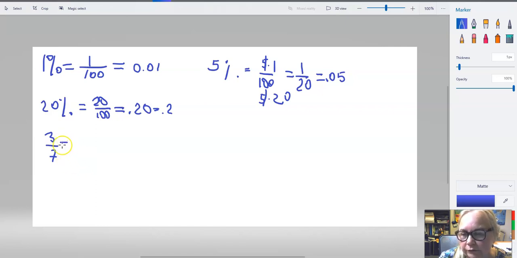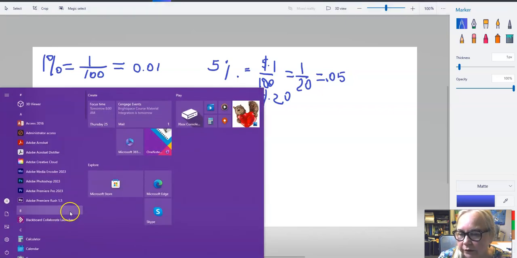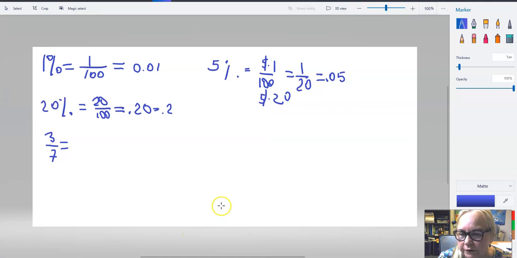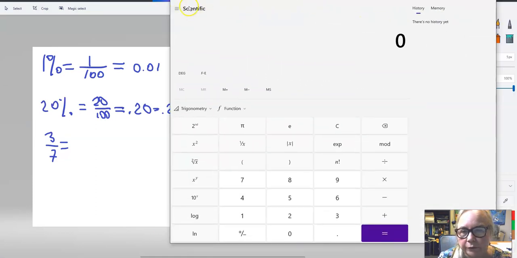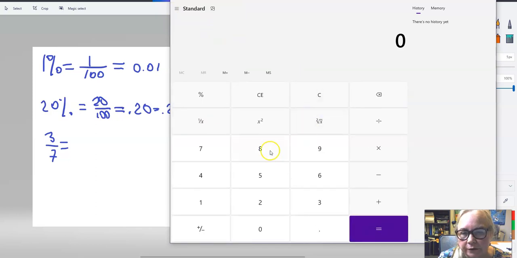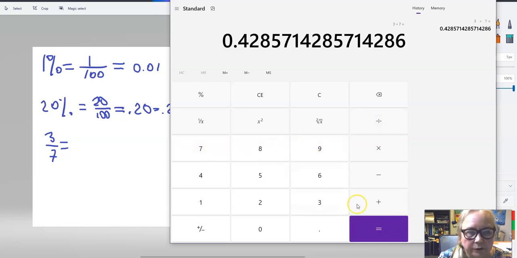So we need to do division literally, using any calculator you have, and I will use a calculator on my computer. It happens to be scientific, but we can use just a standard calculator. So we divide 3 by 7, and we get 0.428.